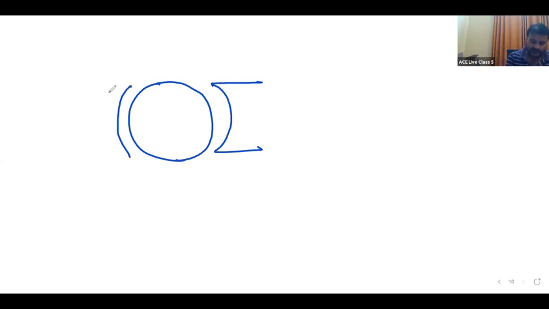Once again, I'm drawing the diagram. These are the poles, North Pole, South Pole. Correct? This is one conductor, one conductor, one conductor, one conductor: C1, C1 dash, C2, C2 dash.